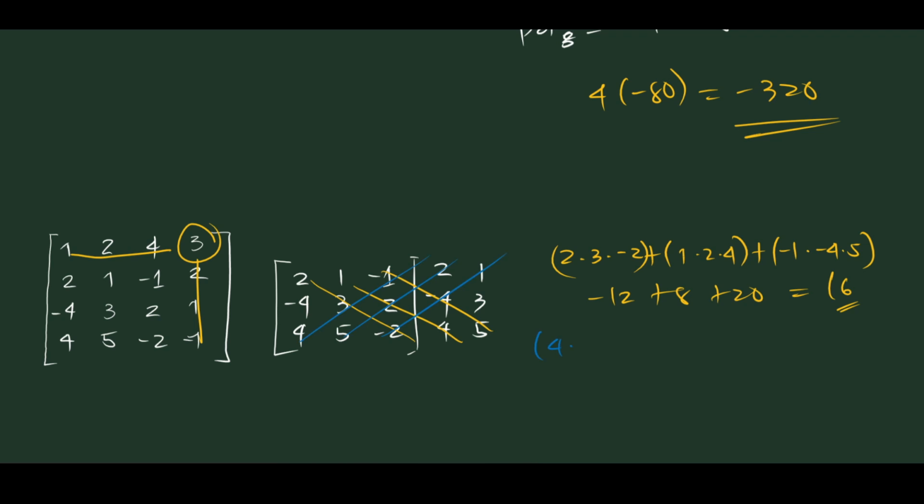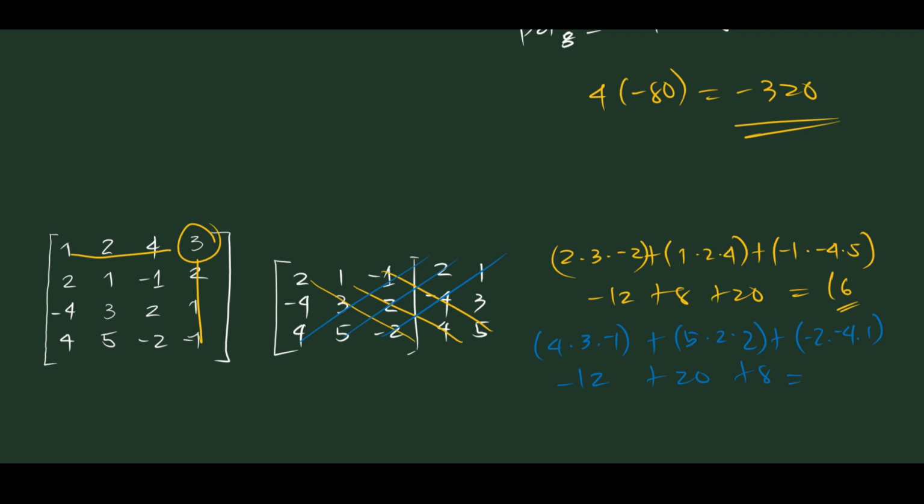So we have 4 times 3 times negative 1 plus 5 times 2 times 2. And then plus we have here negative 2, negative 4, and 1. So this is negative 12, and then plus 20, and then plus 8.